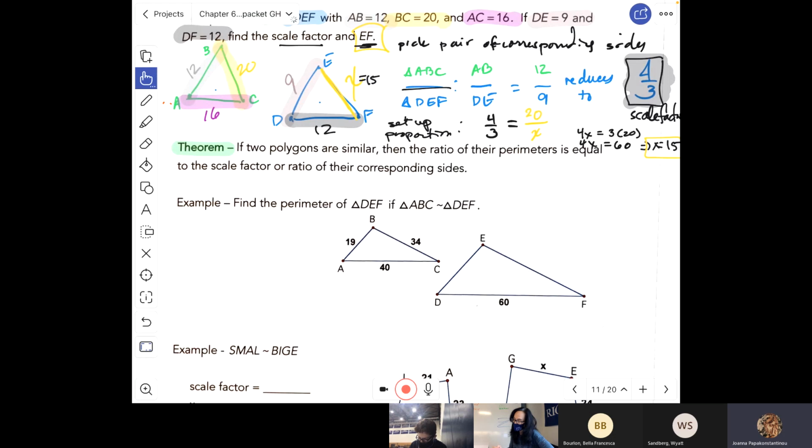So if I'm given two similar triangles, and I know they're similar because I see the tilde, and I know what it means for them to be similar, I can find the perimeter of DEF by using what I know in ABC.